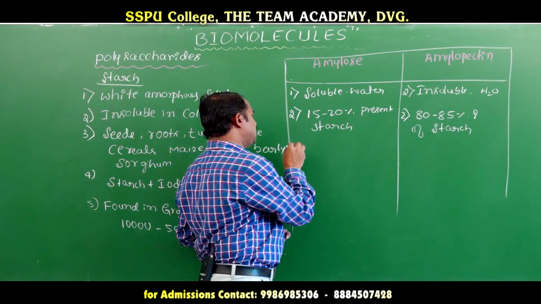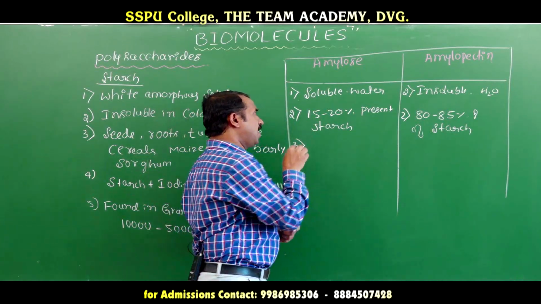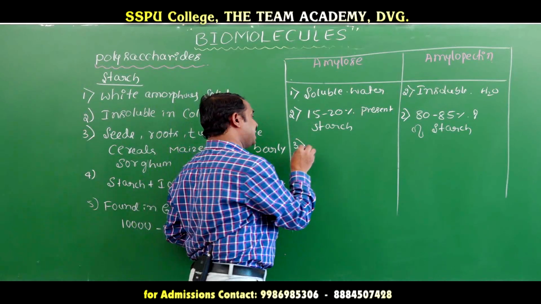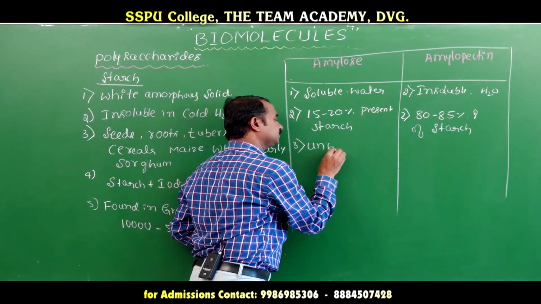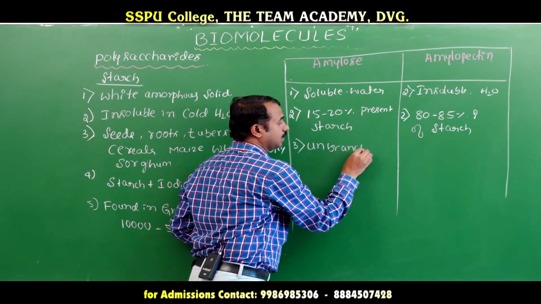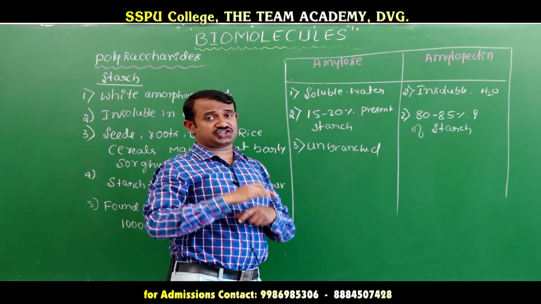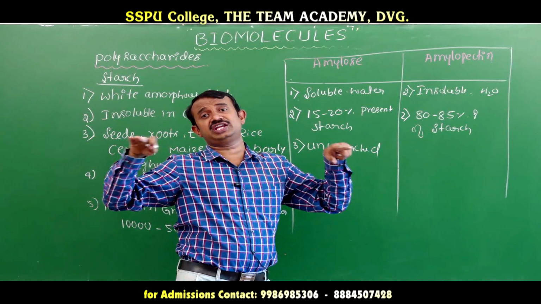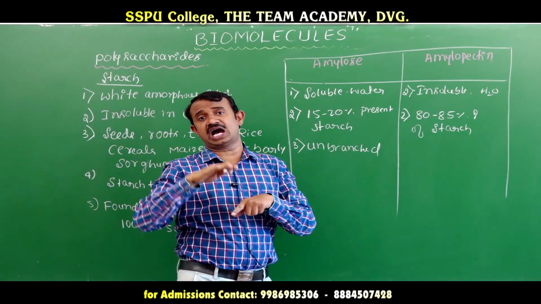Third, amylose is an unbranched, straight linear chain of monosaccharide units, alpha glucose.